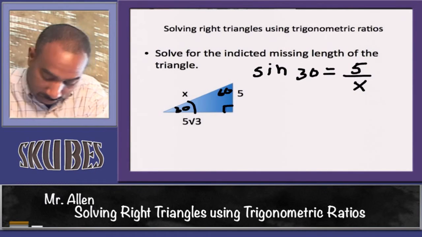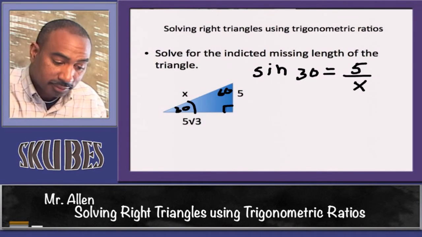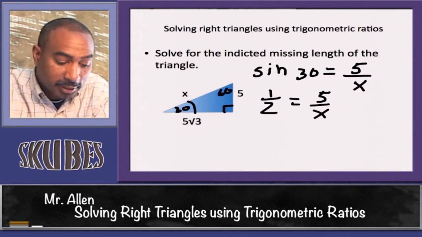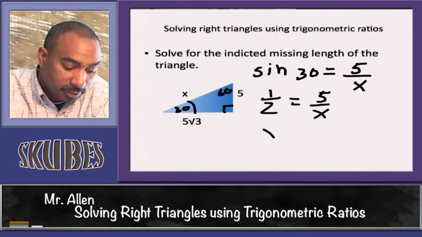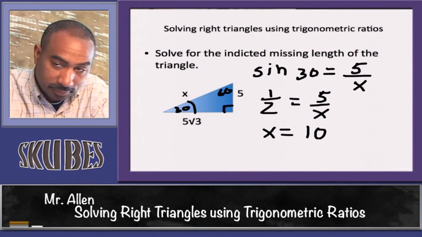Okay? And recall that the sine of 30 is 1/2. And you're going to cross multiply there. So x times 1 is x. 2 times 5 is 10. Therefore, x has a length of 10.